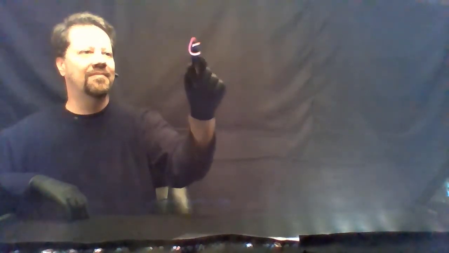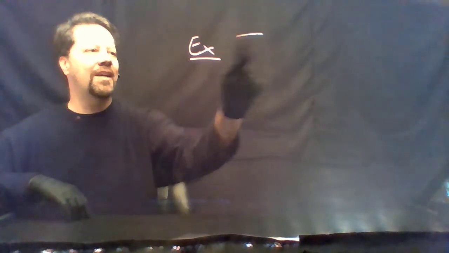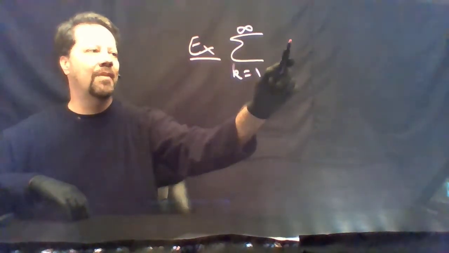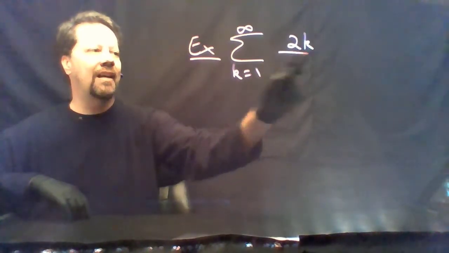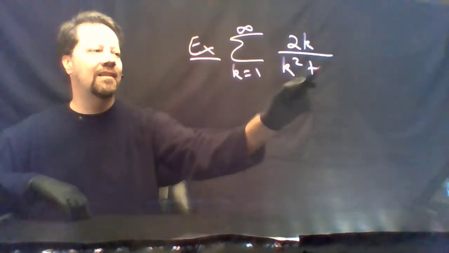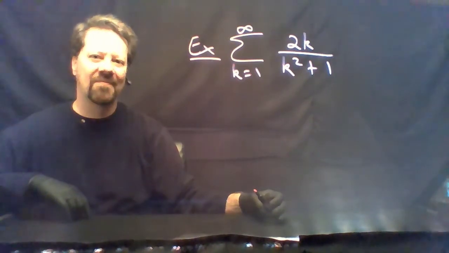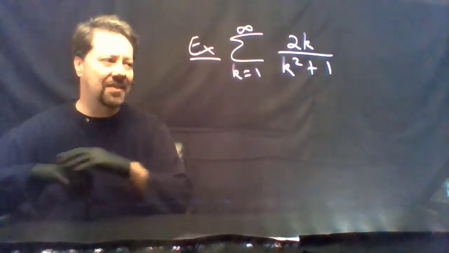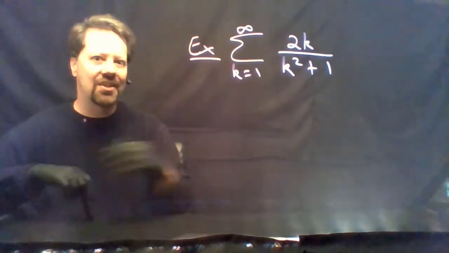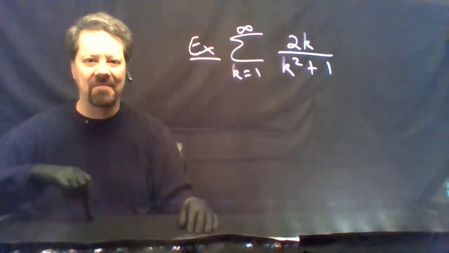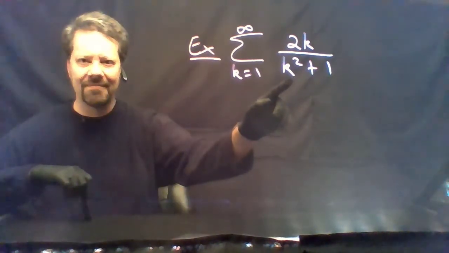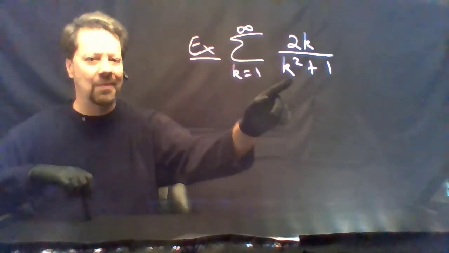I want to give you some straightforward examples. Suppose I have the sum, as k goes from 1 to infinity, of 2k divided by k squared plus 1. Before launching into a careful analysis of this series, I'd like to teach you how to look at it intuitively. If k gets big, let's suppose k is about 1,000,000. What is 1,000,000 squared?